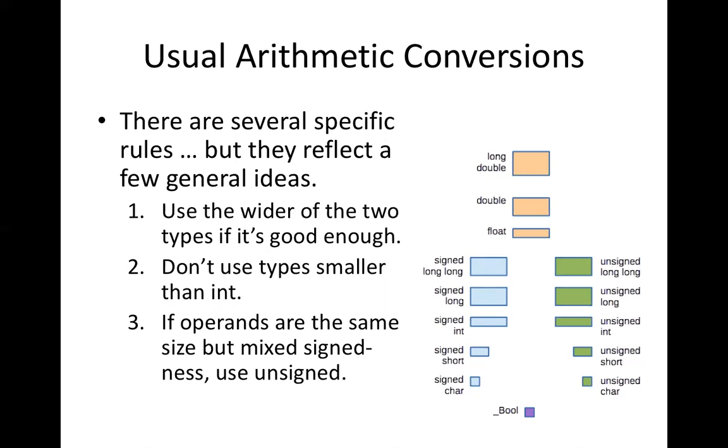When you're actually doing operations like multiply or add, don't use those smaller types, convert them to int to do the math. And then the last one is if you've got a mix of signed types and unsigned types, and they're both the same size, favor the unsigned type. Use the unsigned type instead. So given that those are kind of the logic behind these rules, let's try to talk about the individual rules.